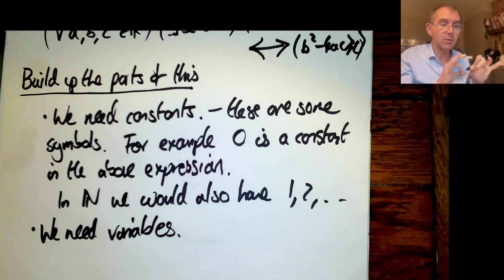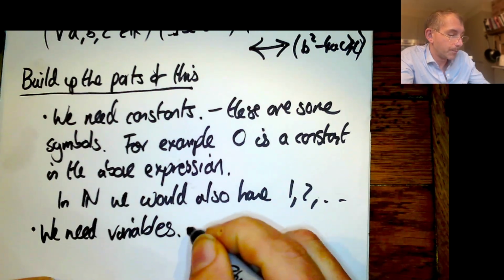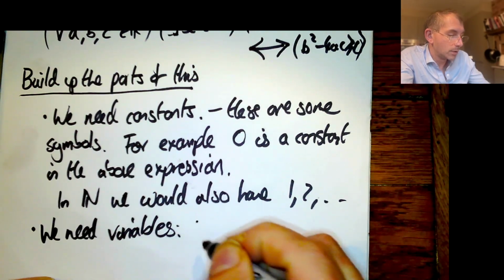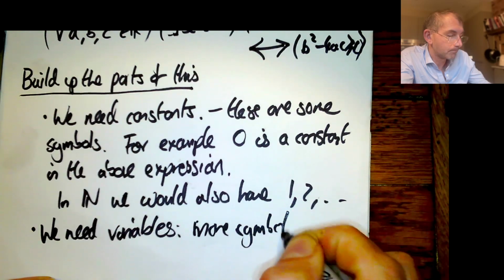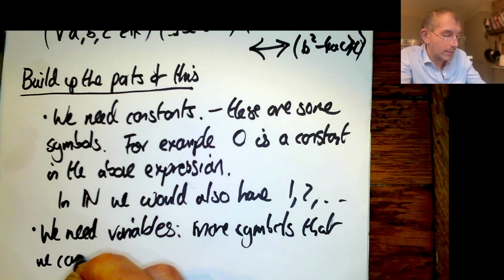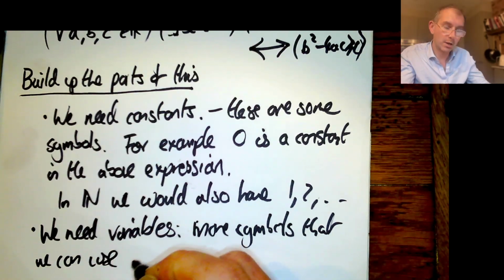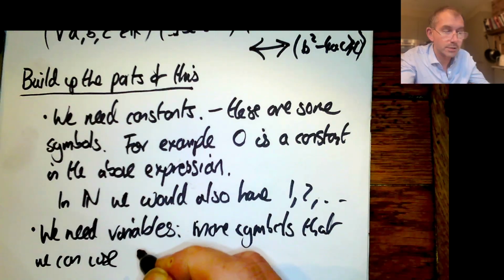So things that we can substitute for. So these are more symbols that we can use by substituting in constants.